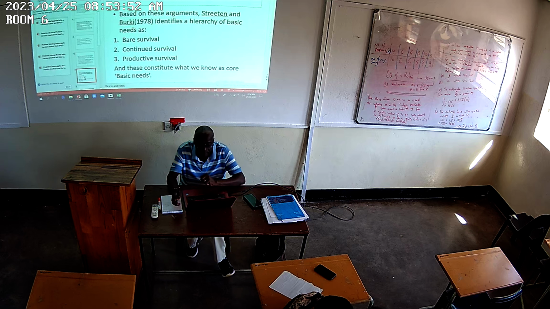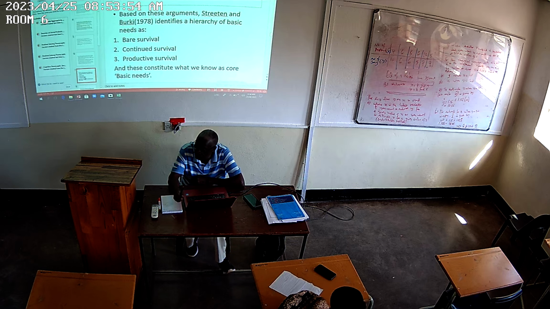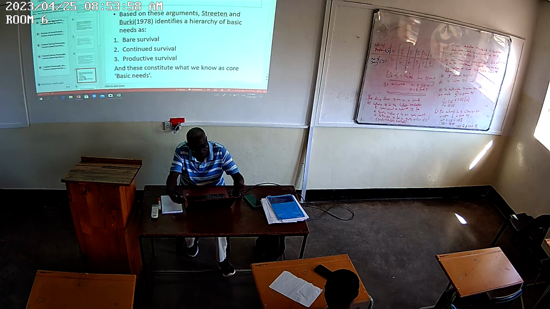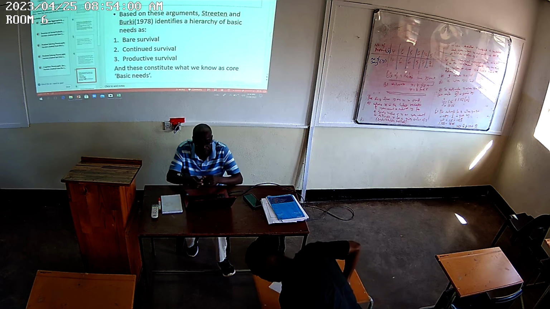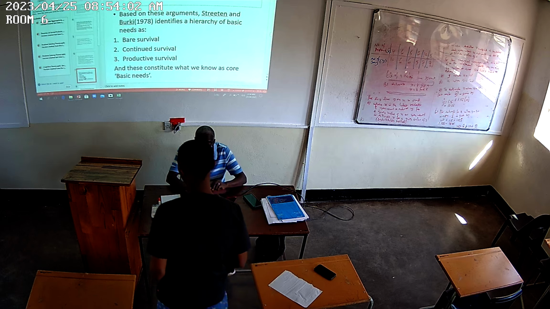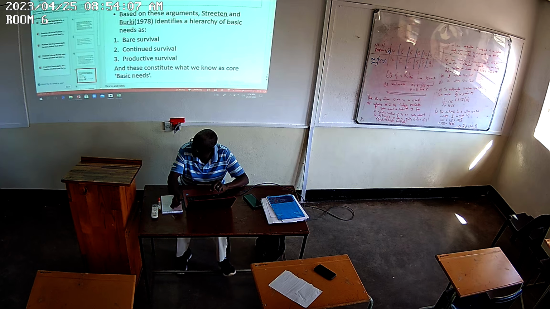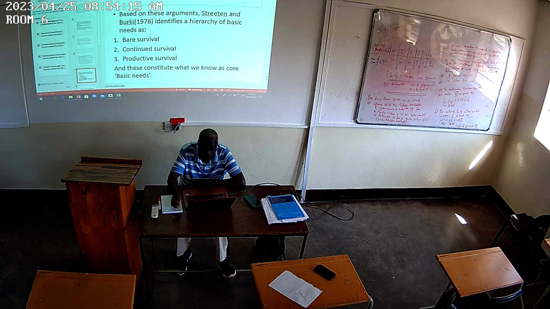Okay. Based on what we have discussed about the differences in the characteristics and how you look at the basic needs, the following are identified as the basic needs. Number one, what we call the bare survival type of basic needs. Number two, the continuous survival type of basic needs.